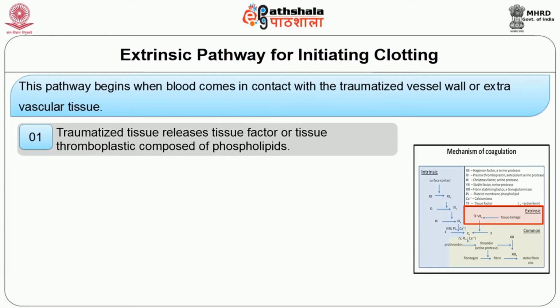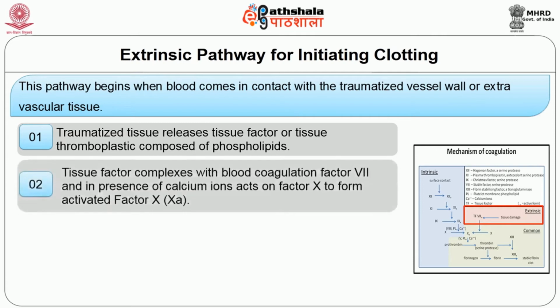This tissue factor will complex with blood coagulation factor 7, and in the presence of calcium ions, it will act on factor 10 to form activated factor 10, called 10A. So, now factor 10 is activated.